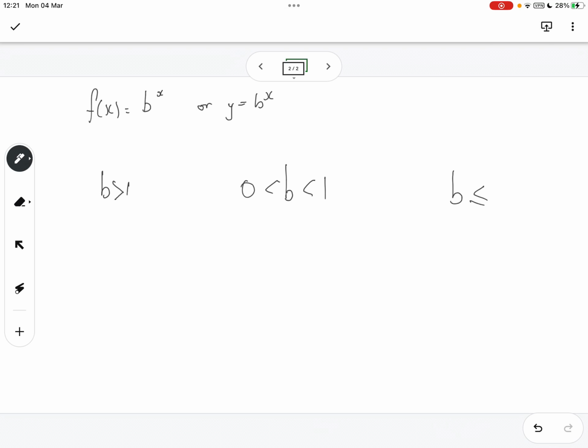The second case is b less than 1 but greater than 0. And we also have another to consider where b is less than or equal to 0. The reason b cannot be equal to 0 is because if you take 0 and raise it to any number, the answer will still be 0.